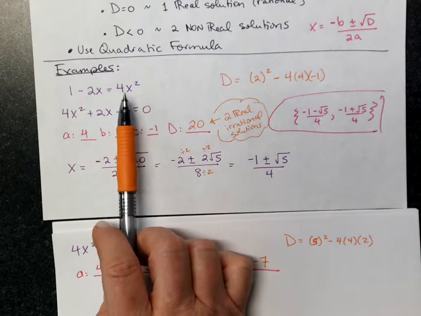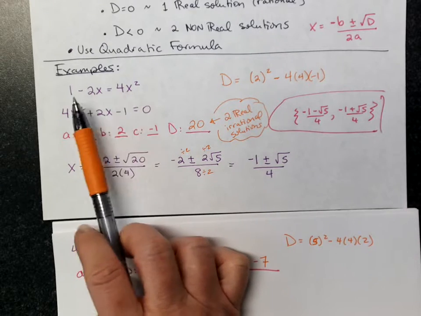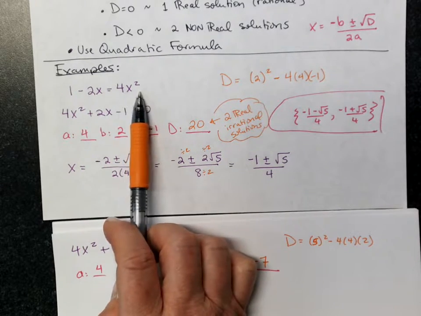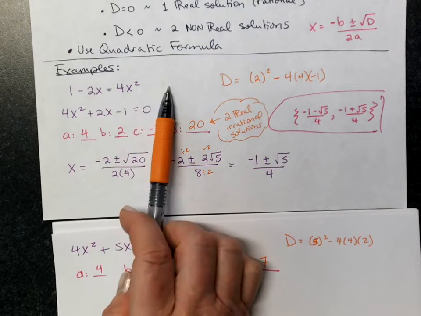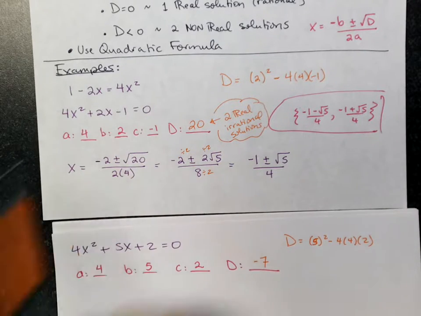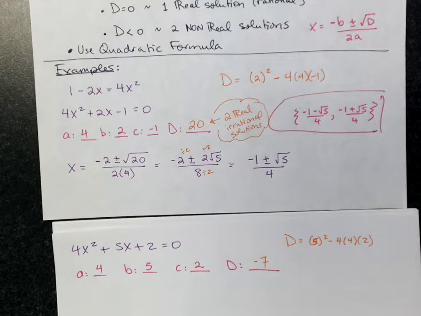So since it was already positive, I left it there, and I moved these things over to join it. So that made it a plus 2x and a minus 1. And then I just flipped it over because I prefer to look at it that way. Yeah, I was like that. It's just because my instinct is to keep that quadratic positive. I thought you had moved it. Oh, yeah. You can move it either way, but if it's a negative quadratic, a lot of times you then have to multiply everything by -1, so it's just an extra step.